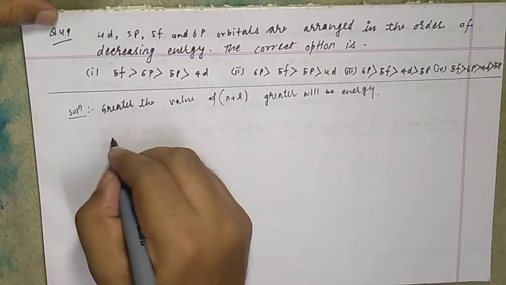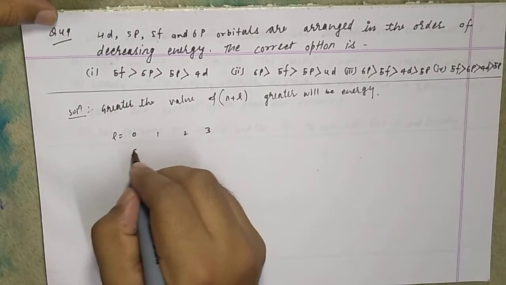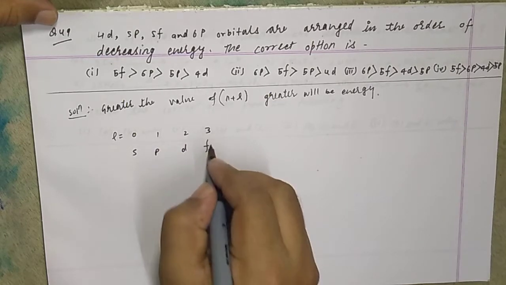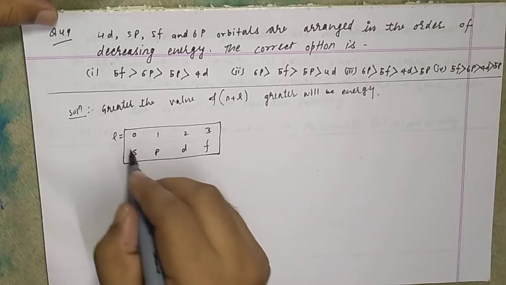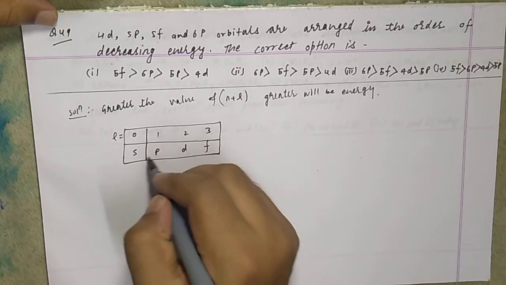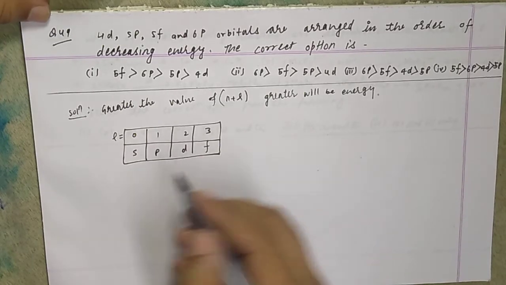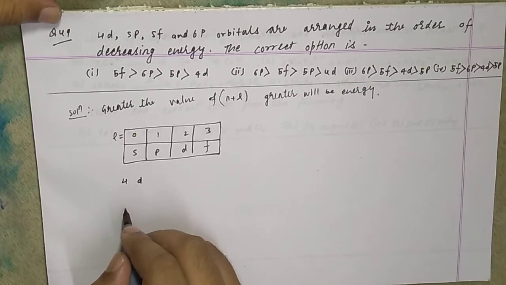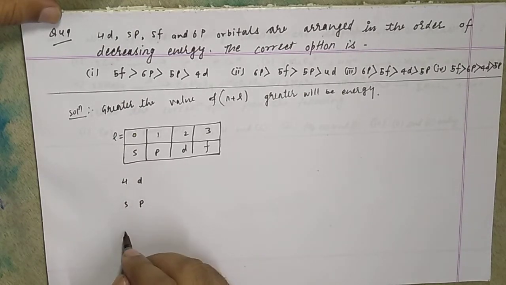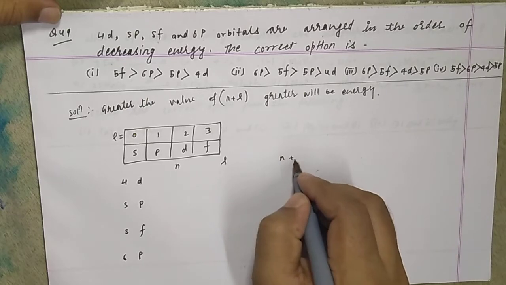Now the l value is 0, 1, 2, 3. This corresponds to s, p, d, f. That you have to keep in mind. The l value is 0 to n minus 1. Now for the options, 4d, 5p, 5f, 6p, these are their n value, l value and n plus l value.